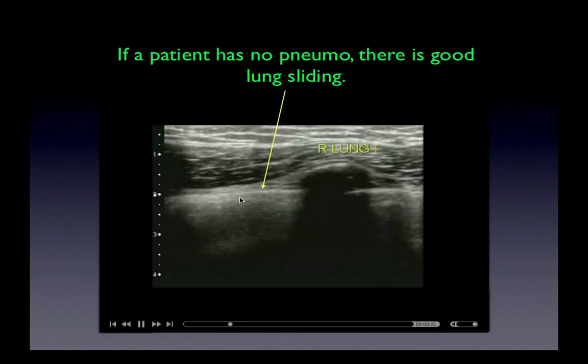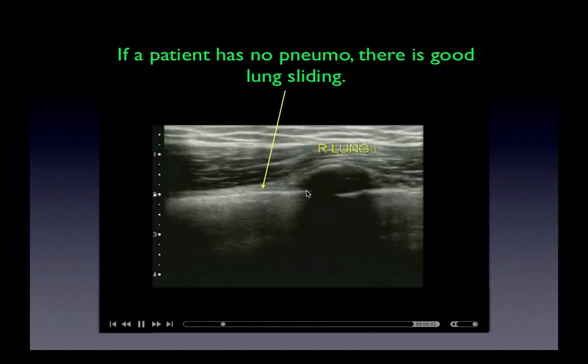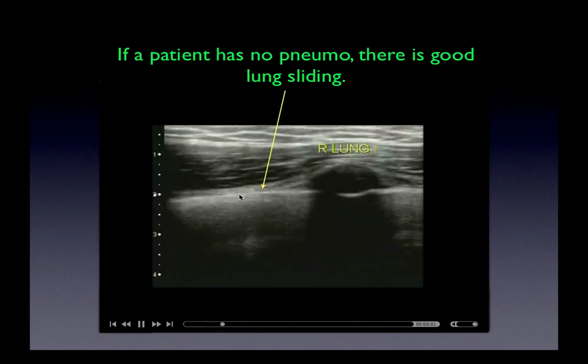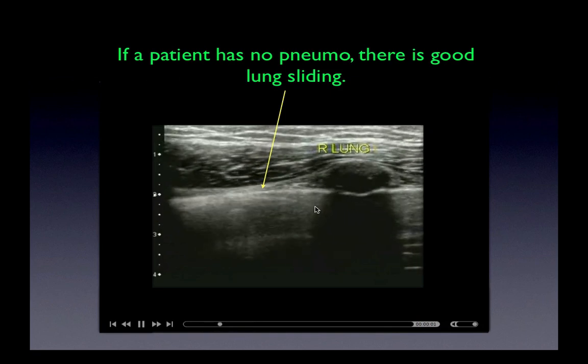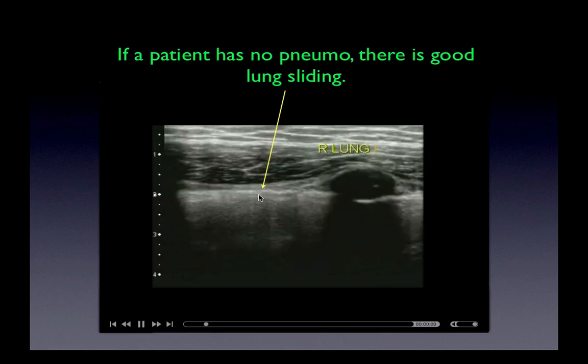So over here on this loop, we can see that there's subcutaneous tissue, the interface of the parietal and visceral pleura, and this line here does have some shimmering, indicating movement, and it has these lines coming down, which indicates the presence of what's known as B-lines, or comet tail artifacts, all of which shows no pneumothorax. This shimmering of this interface has been described as ants marching along, or merely motion that is visible.